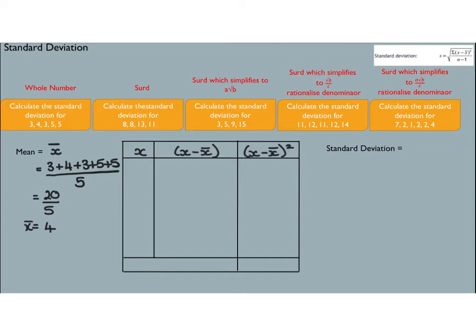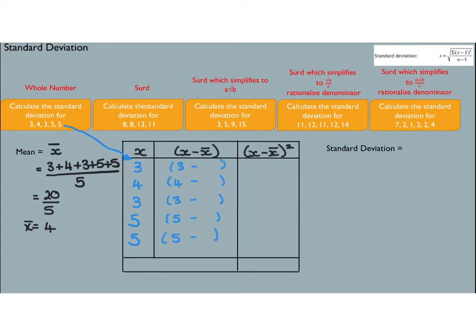I've put my headers into my table now: x, x minus x bar, and x minus x bar squared. Remember this, if we go up to this formula I've got in the corner, it's this part of the formula here, the x minus x bar squared. I've now put my values in. Okay, so it's each of the numbers from the list, I've popped them in there.